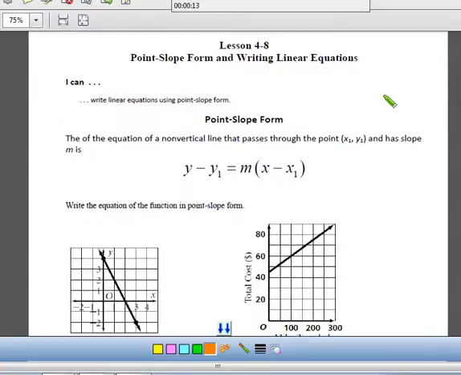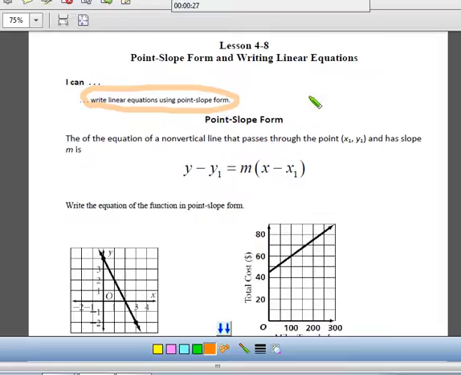This is a long lesson. So, the learning target: I can write linear equations using point slope form. Now that's different than slope-intercept form.